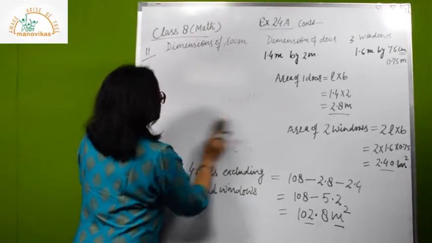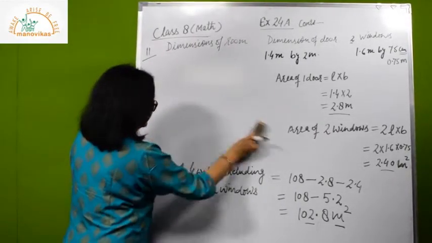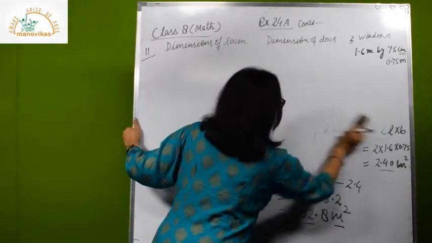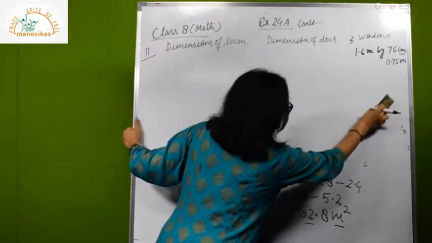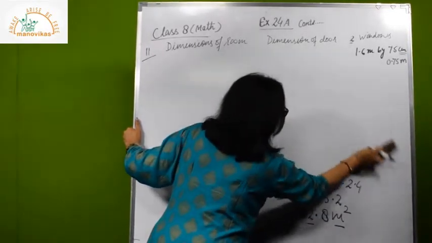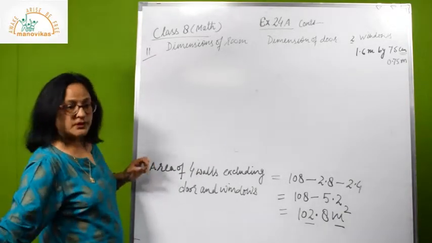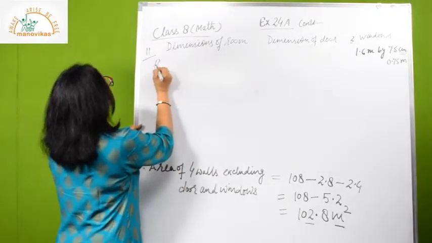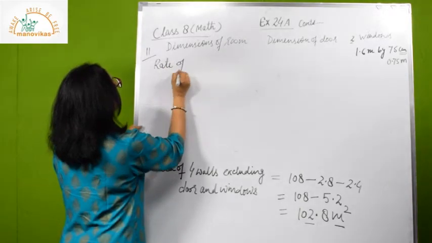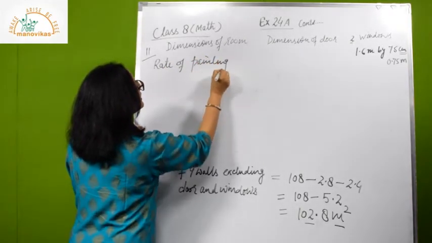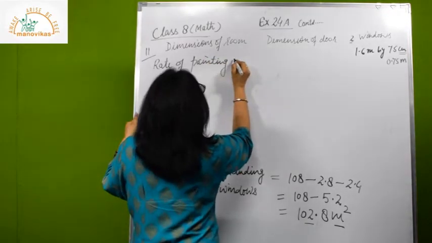Now the cost of painting is given to you. It is 22.5 rupees per meter square. This is given to you. So the rate of painting the wall is given.